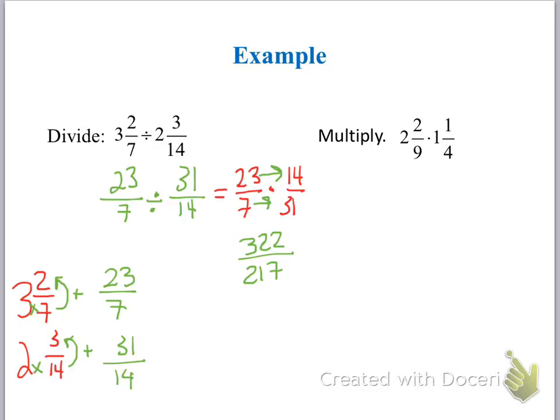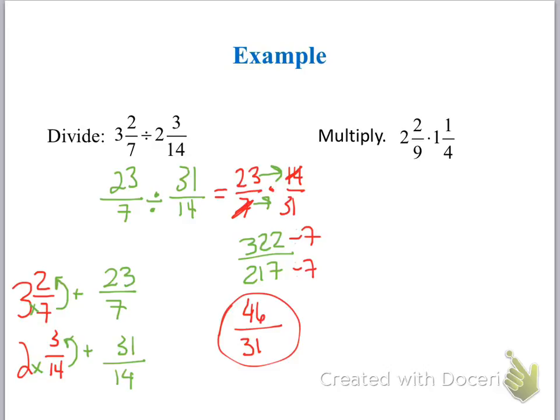What if we try 2's not going to work, 3's not going to work. How about 7? I think 7 will work. 322 divided by 7 is 46, and 217 divided by 7 is 31. Final answer. So you see how when you're dealing with bigger numbers, that can be more difficult, and you have a benefit of trying to cross cancel.